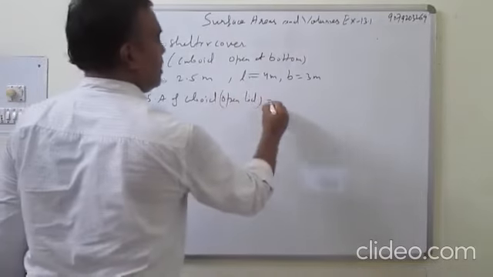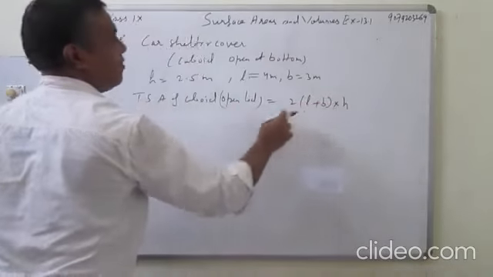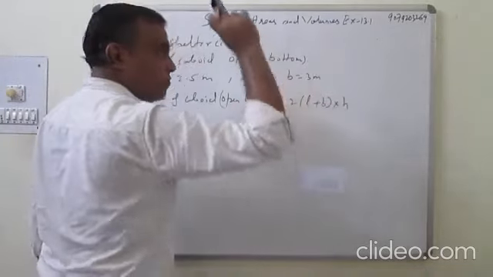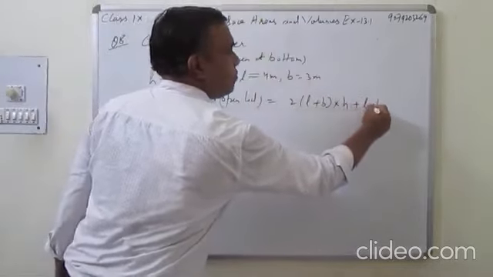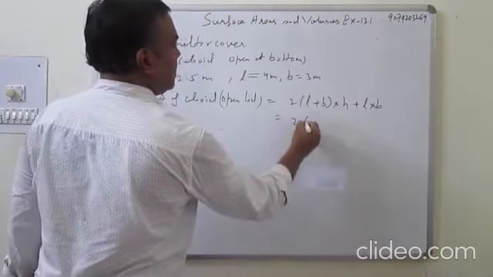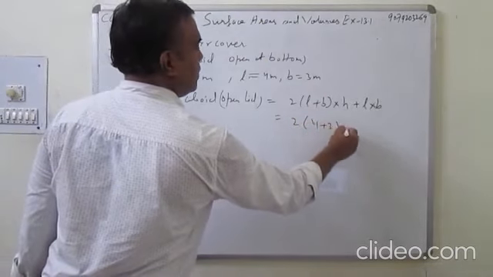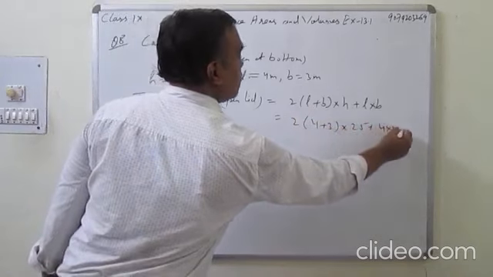So we know that the area of four walls plus floor is not there, so we will calculate 2(L + B) into H plus LB. Now L is 4 plus B is 3, into H is 2.5, plus LB, 4 into 3, which is 12.